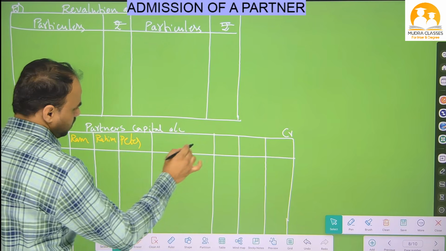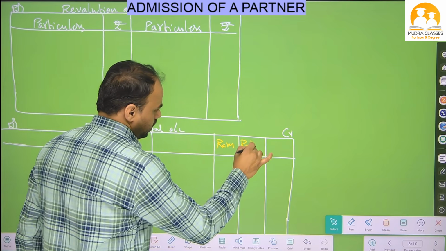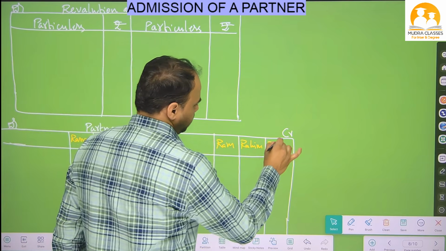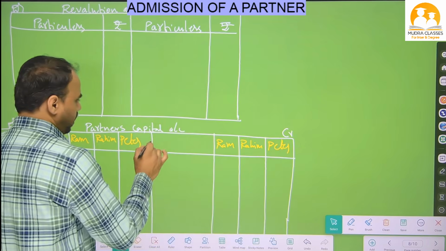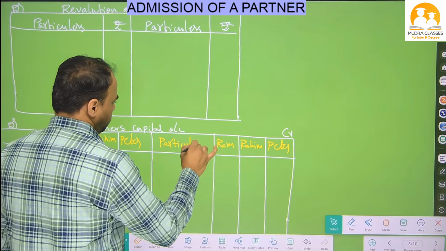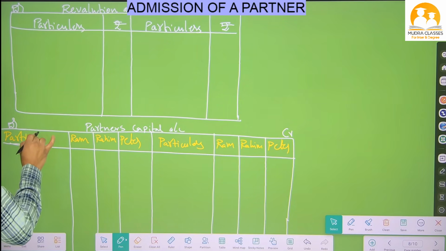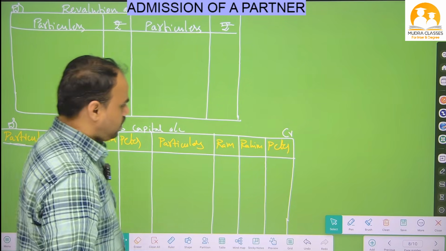Peter. Similarly write here Ram, Rahim and Peter. So partners names we have to write in the partners capital account. This is the particulars column, so write down here particulars, and here this is also the particulars column, write down here particulars.